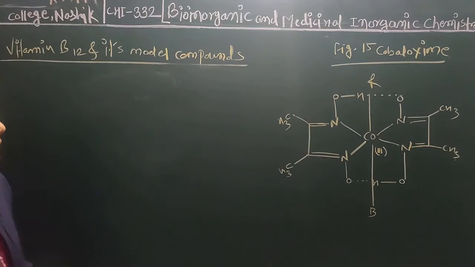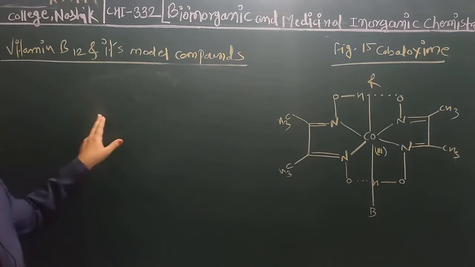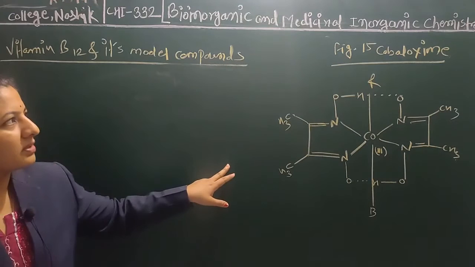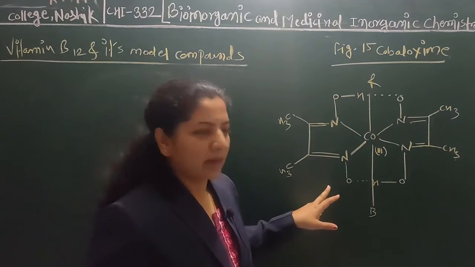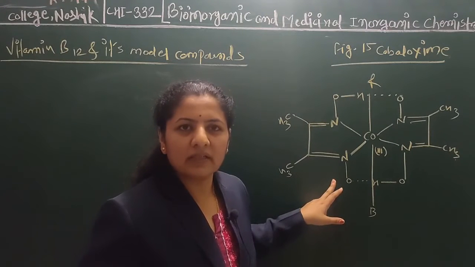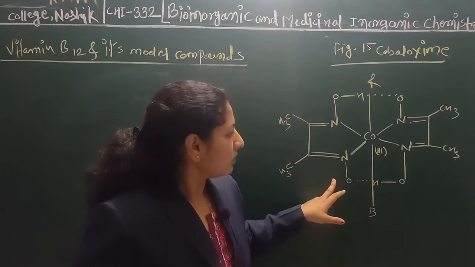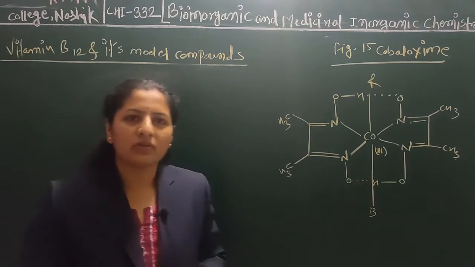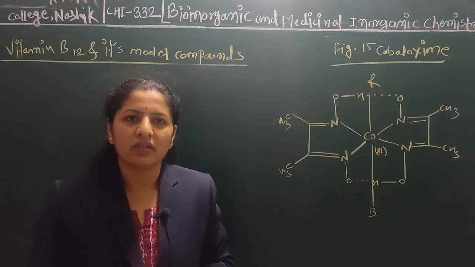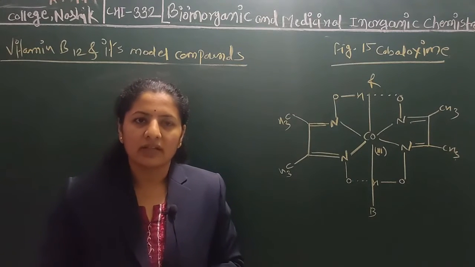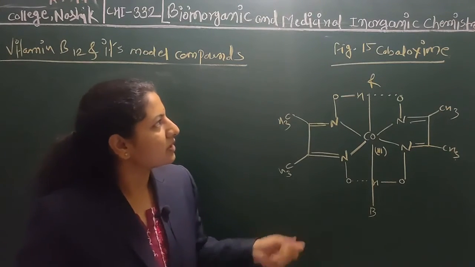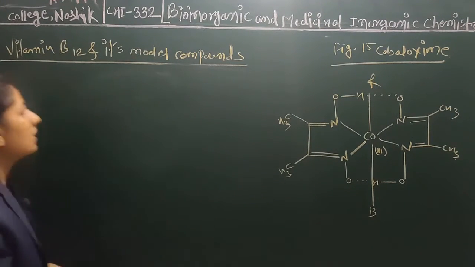The model compound of vitamin B12 is cobaloxime. Cobaloxime is similar to glyoxime. The model compound's functioning and reactions are very similar to vitamin B12. So let's discuss the characteristics of cobaloxime.